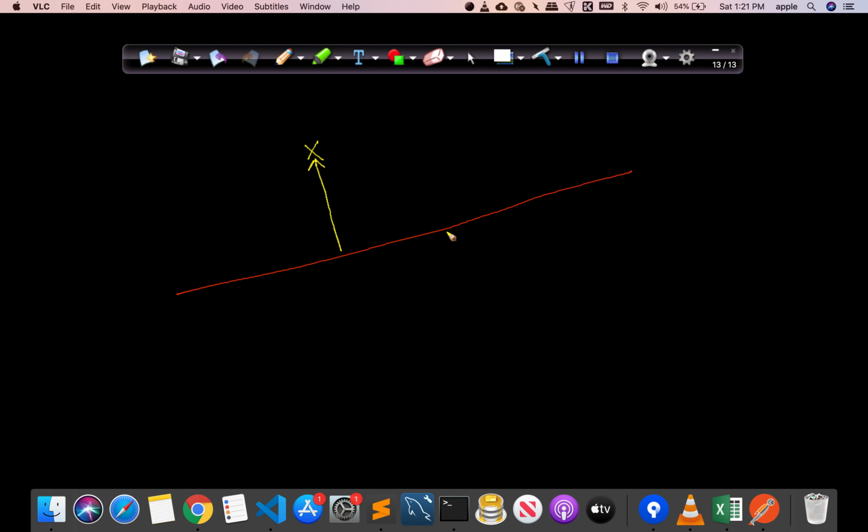W, which is the normal of the hyperplane, is always perpendicular to the hyperplane. So this is always W.